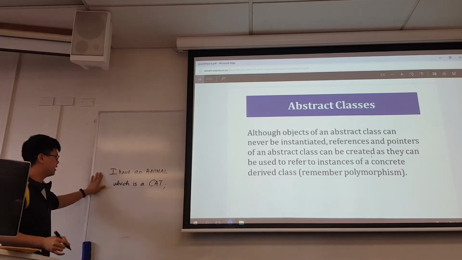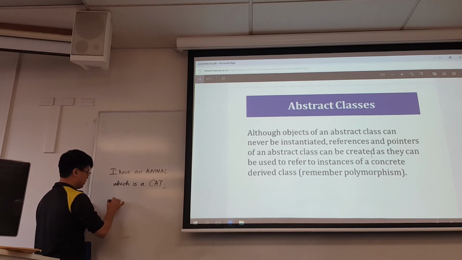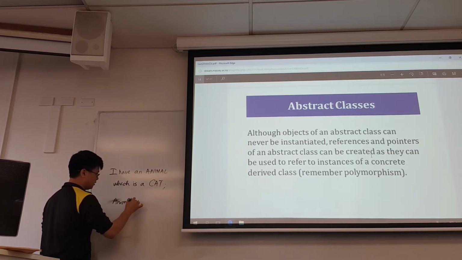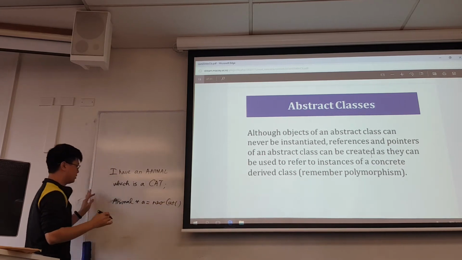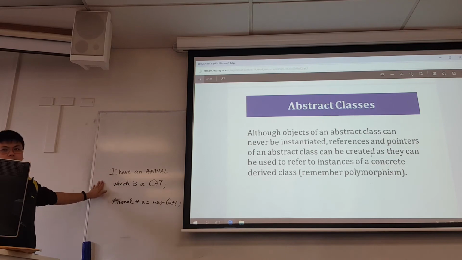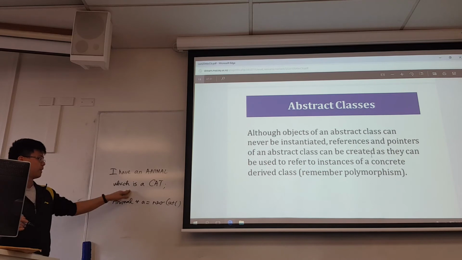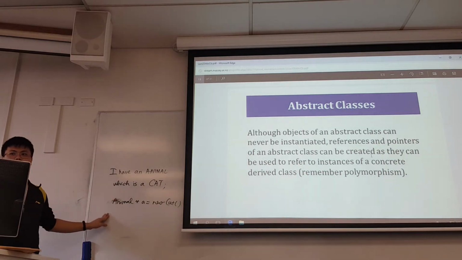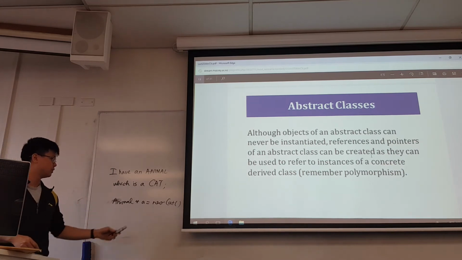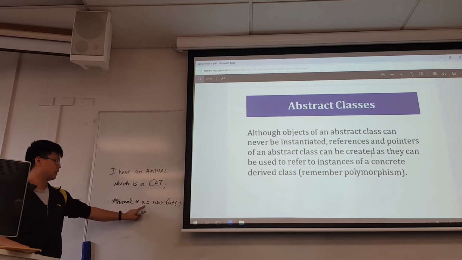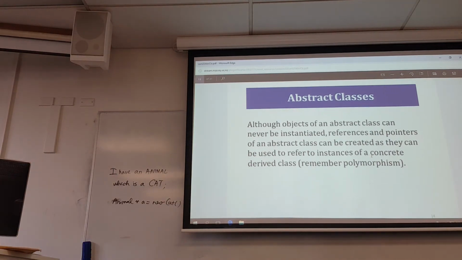And this translates to C++ like this: Animal, new Cat. It totally makes sense to say things like this. Therefore, it totally makes sense to hold an object by the type of an abstract class. However, remember that when you call any function on this, the actual function will come from class Cat instead. Here it is pure and virtual.